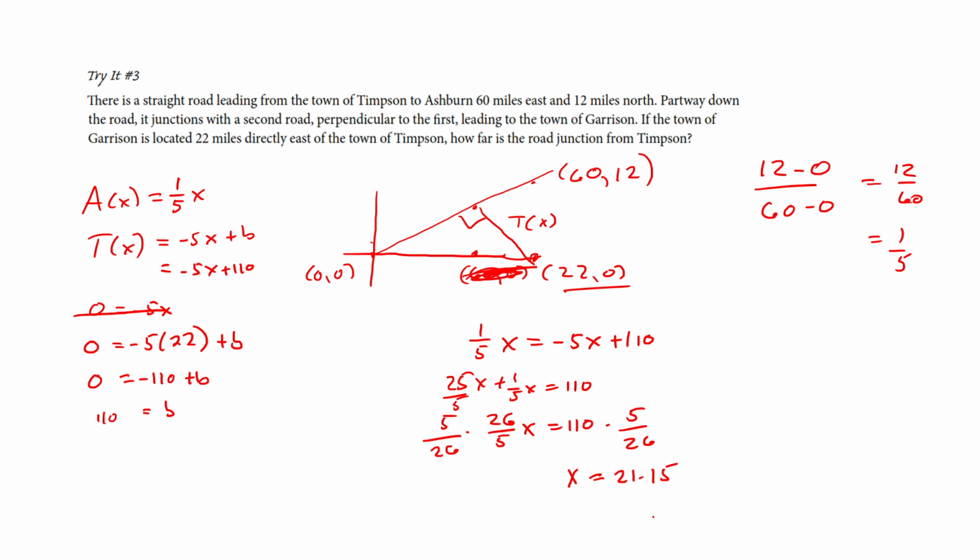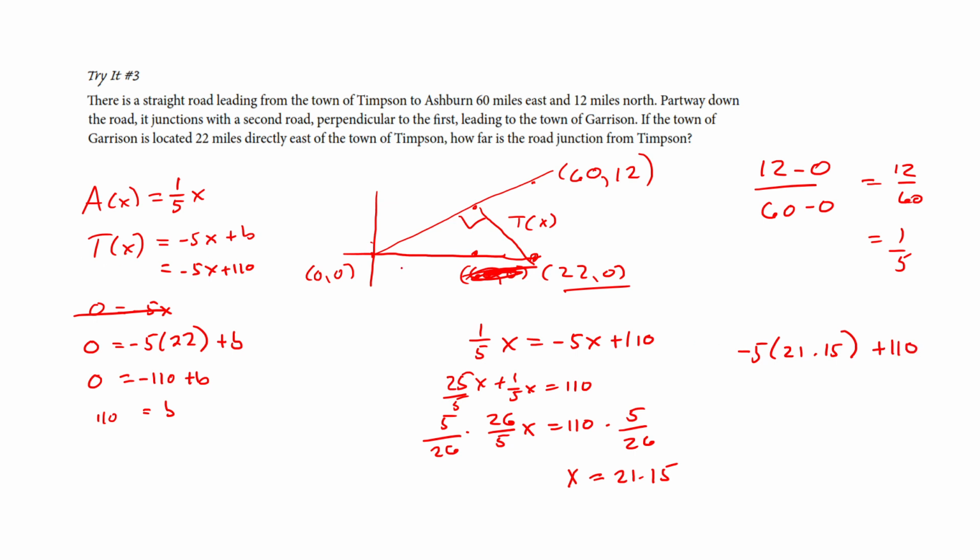I'm surprised these numbers are so bad. I don't think anything's wrong, but this is a pretty bad number for this problem. But so, okay, so our x value is 21.15. Now to find our y, we're going to plug this back into our equation. So let's use this one.